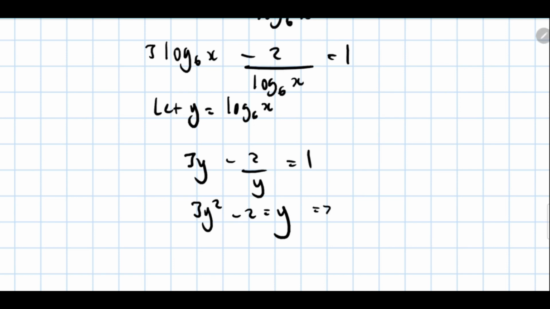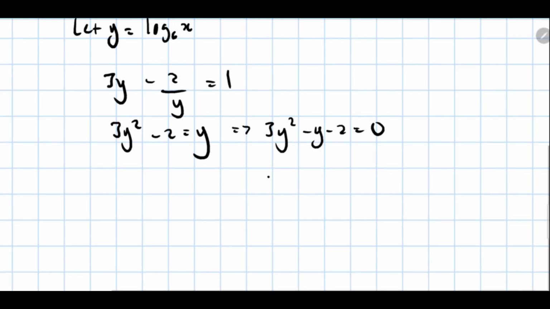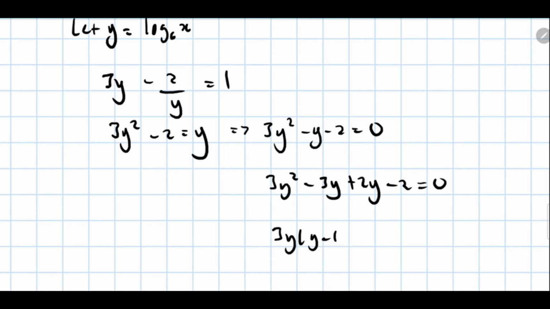So 3y squared minus y minus 2 is equal to 0. And finally, solve it as usual. Let me think first. So 3y squared minus 3y plus 2y minus 2 is equal to 0. We have 3y times y minus 1 plus 2 times y minus 1.